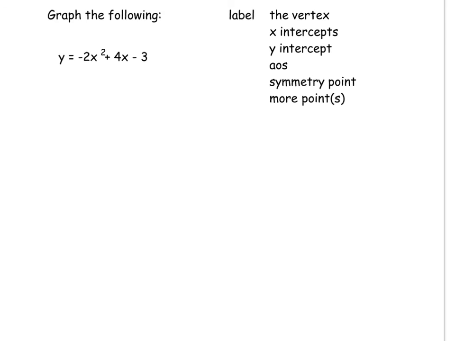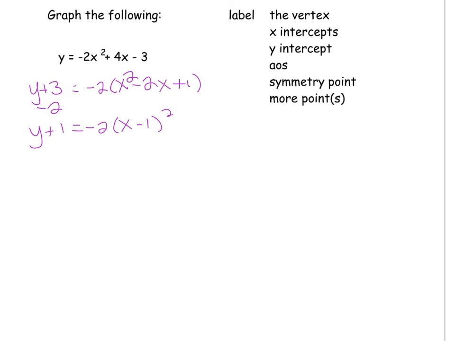Graph the following, label, etc. So if you want to get some practice in rewriting in vertex form, you certainly can do that. Add 3 to both sides, factor out a -2, plus 1, minus 2. So my vertex would be the point (1, -2).